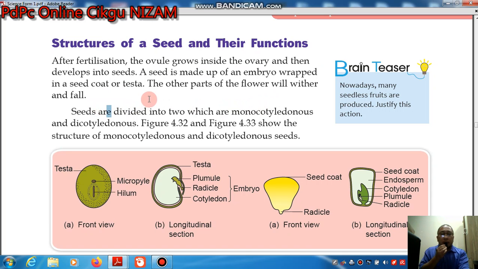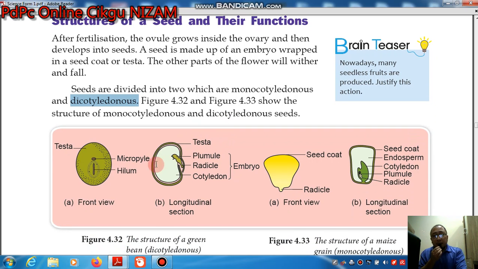Now we will look into the structure of seed and what type of seed is produced. Seed can be divided into two. The first one we call a monocotyledonous seed, and the second is a dicotyledonous seed.